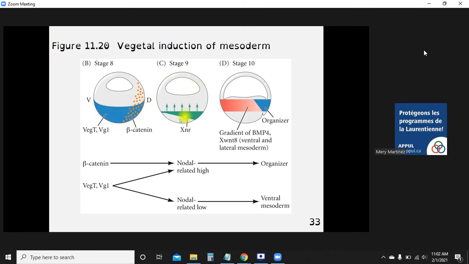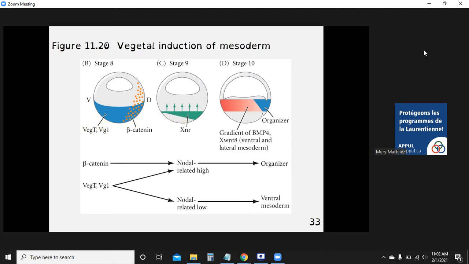Here in C is a stage 9, a little later. We see that beta-catenin in the most dorsal blastomere, which we call the Nieuwkoop center, right? Right here is where we say the Nieuwkoop center was located, and it will cooperate where they both overlap with the VegT and the Vg1, okay?